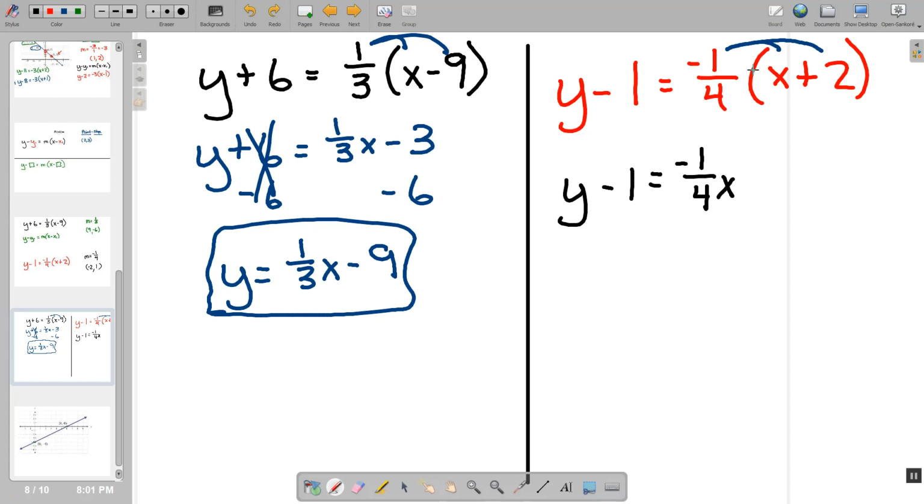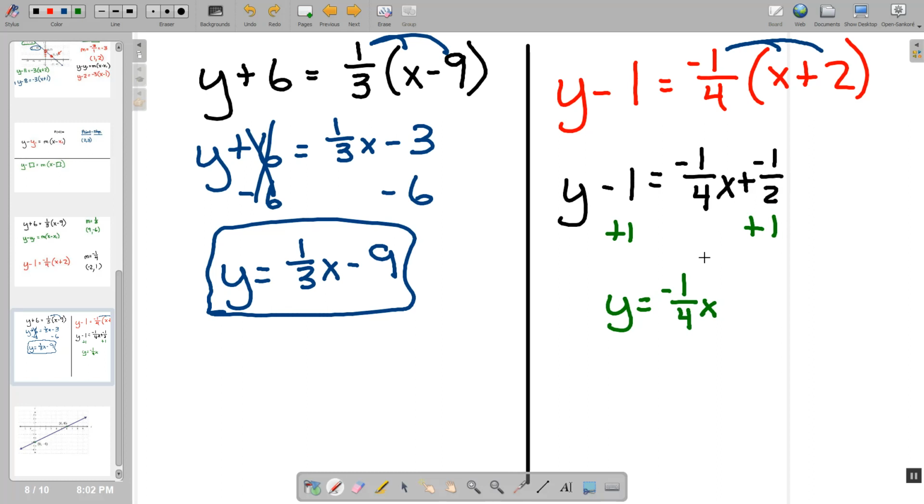And then -1/4 times 2 becomes -2/4 or -1/2. So I have this weird problem already where I have a fraction with another fraction in my problem. From here, I'm going to add 1 to here, and I get y equals -1/4 x.